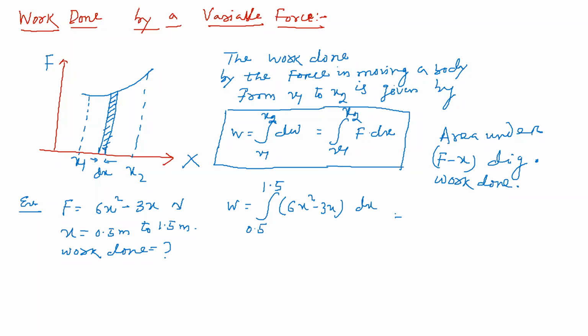If we integrate this, how much will we get? 6x squared: if I integrate it, 6 comes out, and x squared integrates to x cubed by 3, limits 0.5 to 1.5. Minus again 3 coming out, integration of x is x squared by 2, limits 0.5 to 1.5.